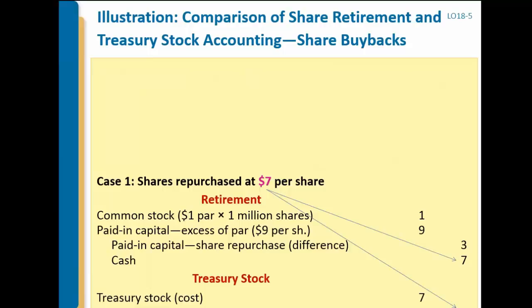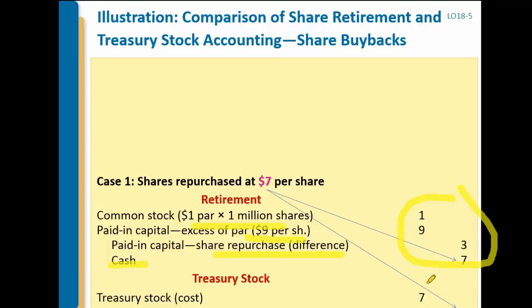If we're retiring the stock, and again, we're not going to focus on this a lot, essentially we are reducing our par value and reducing our paid-in capital, and at whatever the original price is, any difference is going to go to the share repurchase.